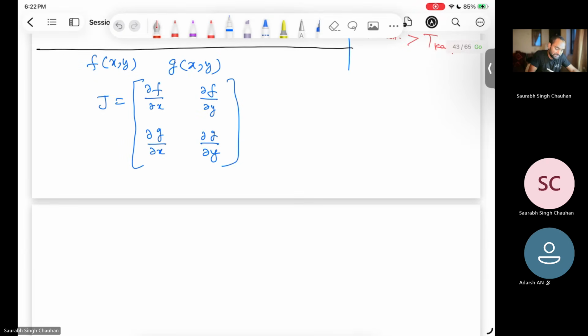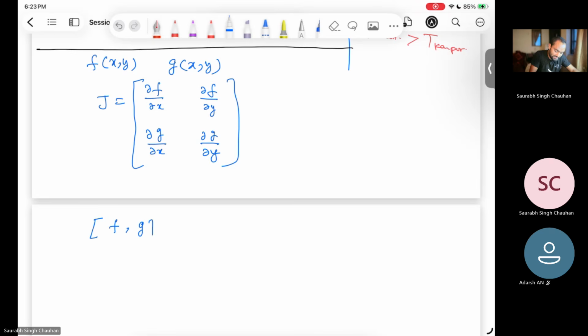Okay, so this is the Jacobian matrix of these two functions f and g with respect to the variables x and y. The Jacobian of f and g with respect to x and y is defined as the determinant of this matrix. We write the Jacobian like this in square brackets.